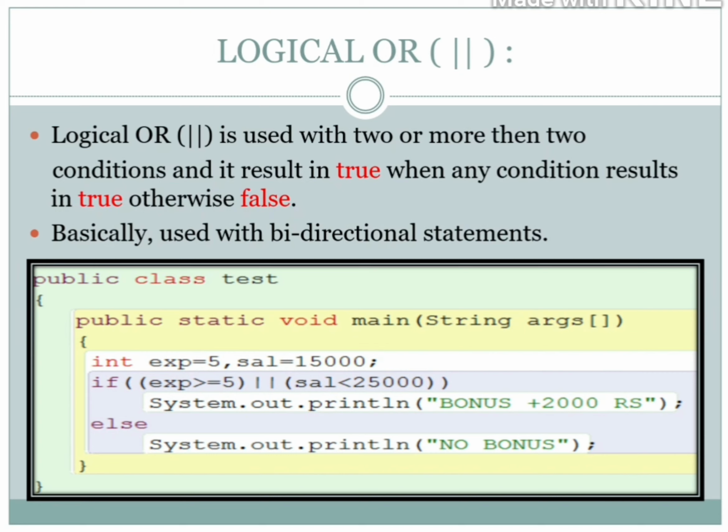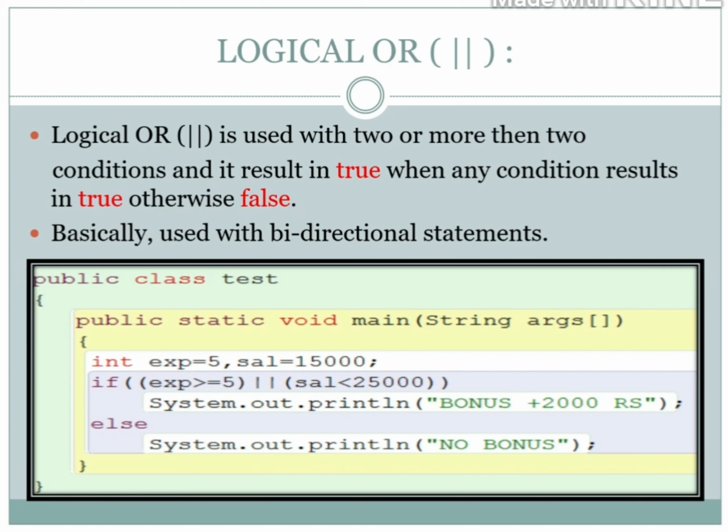If salary is greater than 25,000, the bonus is not allowed. But if that person has salary less than 25,000, the bonus is allowed. If a person has experience of 5 or more than 5 years, the bonus is allowed. If a person has experience of less than 5 years, then the bonus is not allowed. We have to consider this situation.